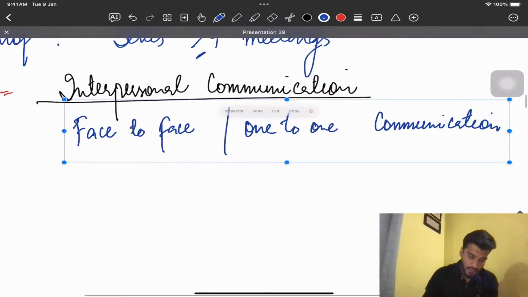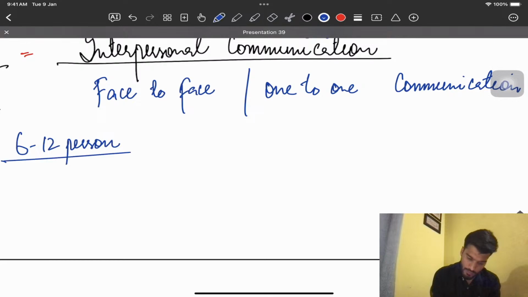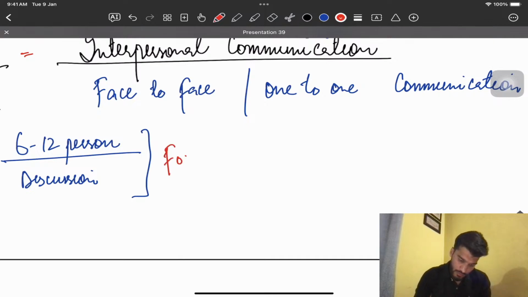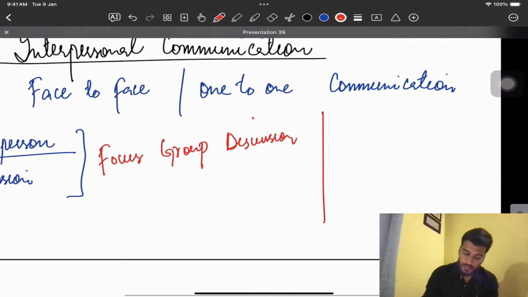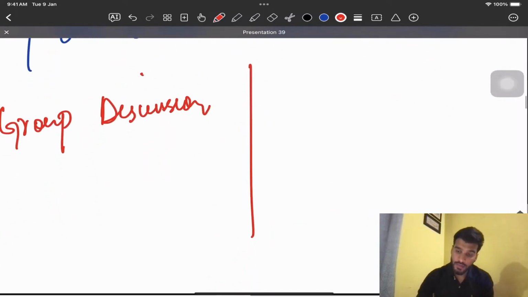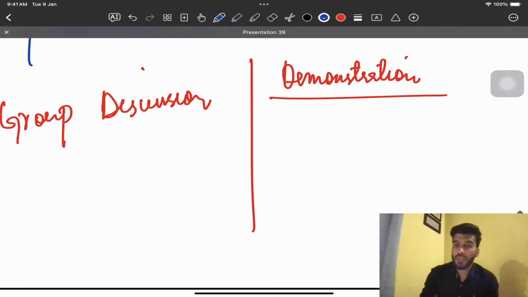Then if we have 6 to 12 persons in a discussion, such a method is called focus group discussion. We have one more, guys, that we do for ORS, called demonstration.